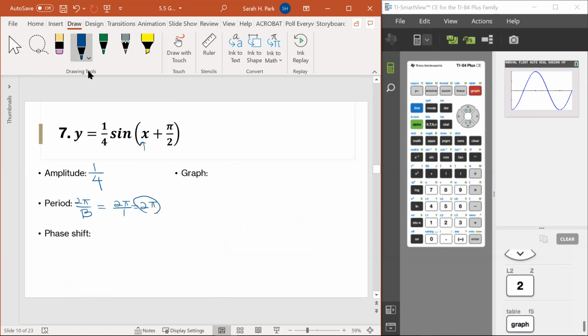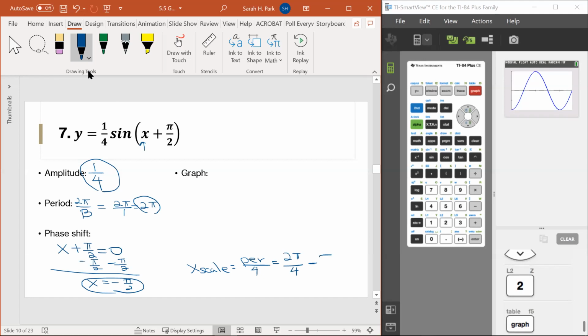Our phase shift is whatever is in the parentheses, and you're going to set it to 0. Subtract pi over 2 on both sides. So we get x is equal to negative pi over 2. Our x scale is our period, which is 2 pi divided by 4, which is 2 pi over 4 gives us pi over 2.